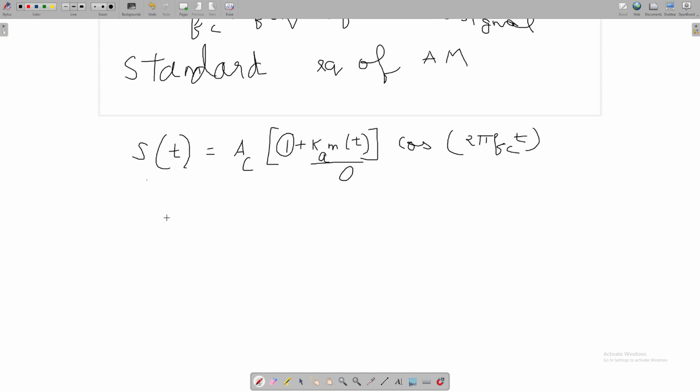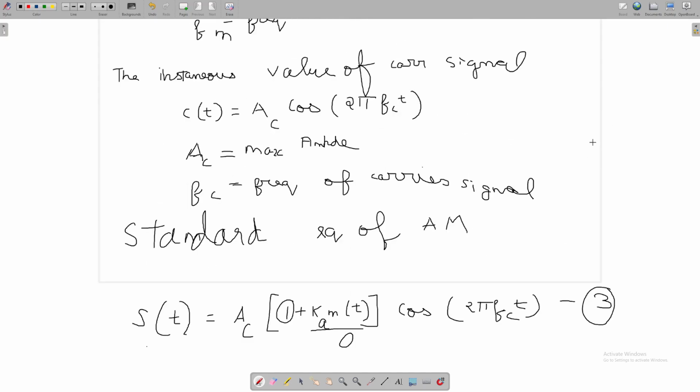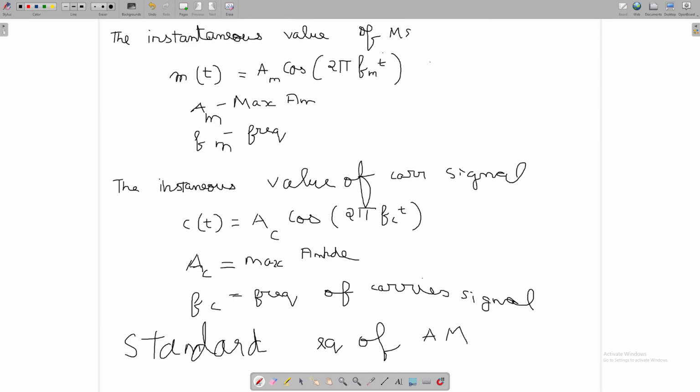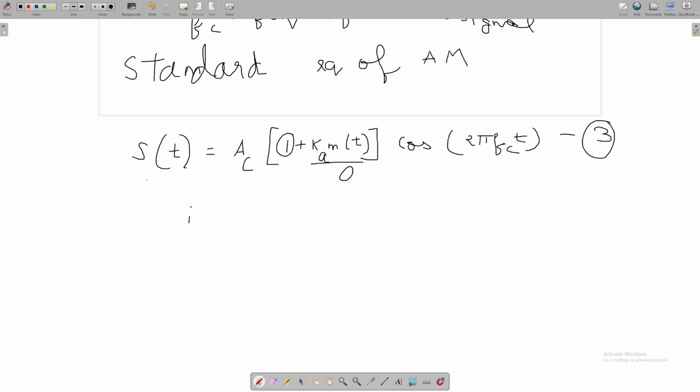Let me number the equations: this is 1, this is 2, and this is 3. Now suppose we substitute the value of m of t from equation 3.